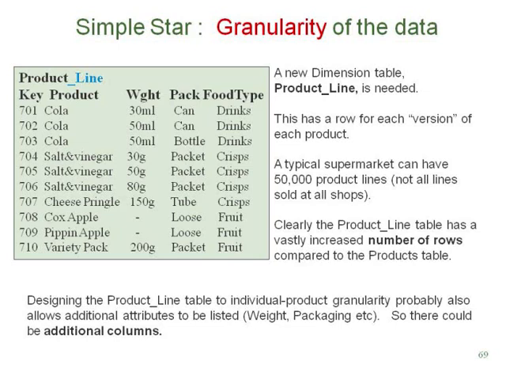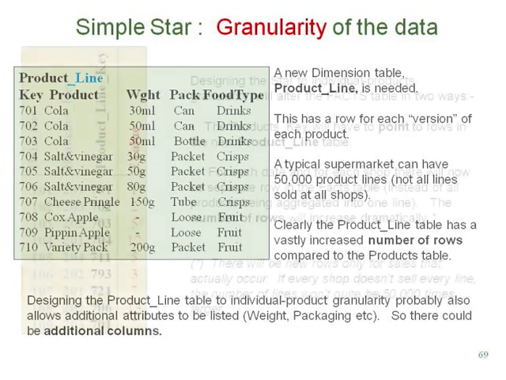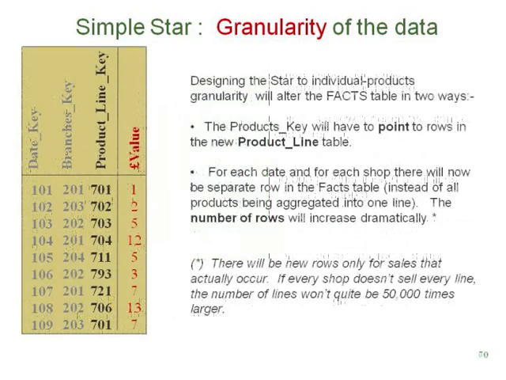And now let's have a look at how that changes our facts table. We're still going to have columns for the date and for the branch, but instead of pointing to the product, 301, we're now going to point to the product line key, 701. And because we're recording data at a more specific or finer grain, the amount of money earned from selling one of these is going to be lower.